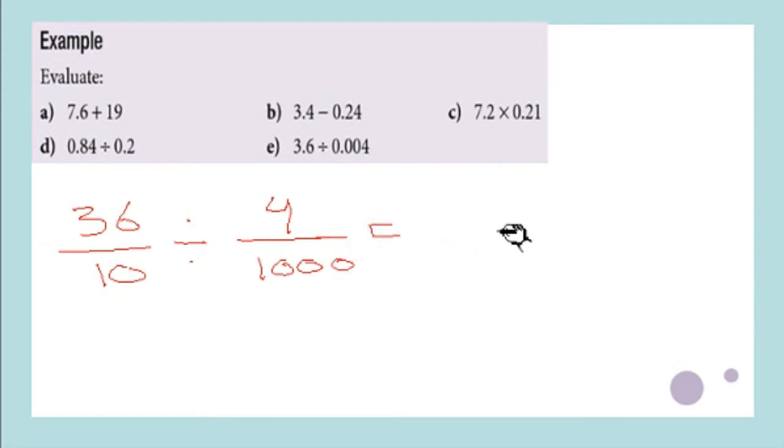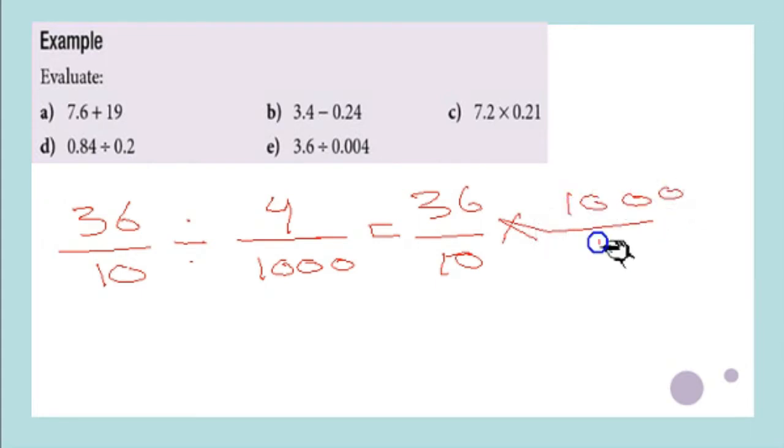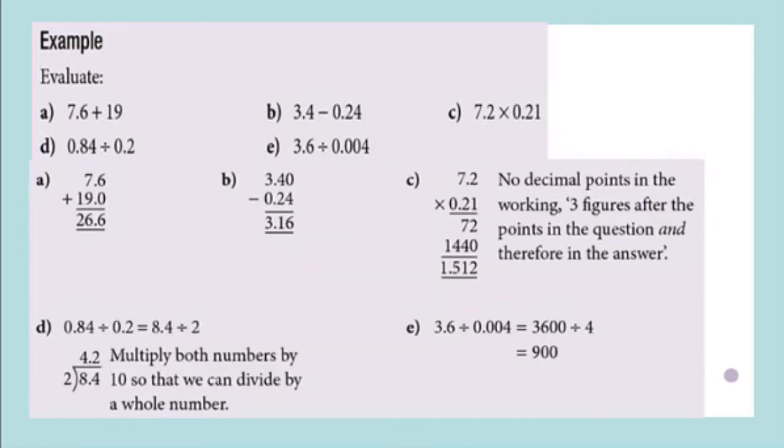We replace this fraction, so we say 36 over 10 times 1000 over 4. 10 goes with the first 0. 36 divided by 4 is 9. 9 by 100 equals 900. If you want to make sure, go to the next slide and you will find the answer.